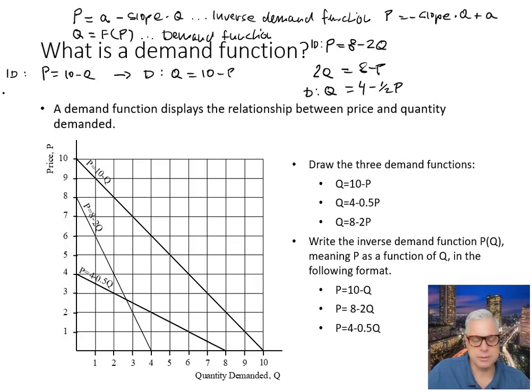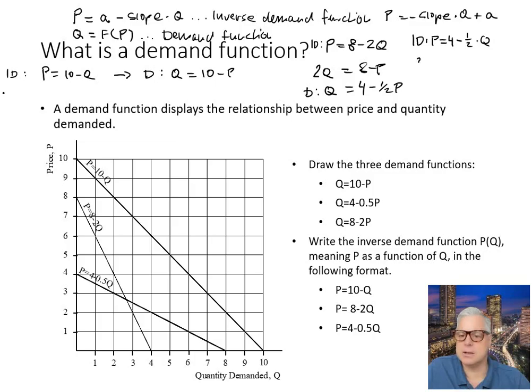Okay, the last one, which is a relatively flat demand function. We have the inverse demand function, which is P equals, so it starts at the intercept 4, and then it has a slope of negative 0.5 or negative 1/2 times Q. So now let's rearrange it to get from the inverse demand function to the demand function. First thing I would do is multiply both sides by 2.